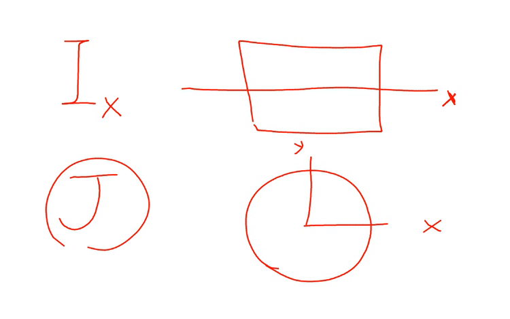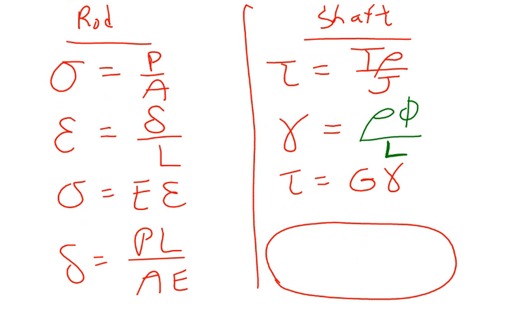It rotates about the long axis of that shaft, which is the z-axis according to my figure here. So every cross-section rotates about this z-axis. We'll talk more about that in a second.